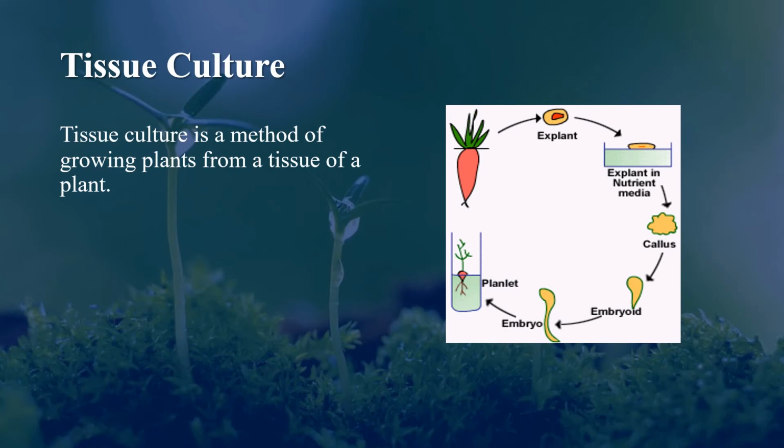Then this tissue grows into a mass of cells called callus, and then these cells eventually develop shoots, and these shoots are kept in individual nutrient medium in which they grow into new plantlets. And when these plantlets mature, they are transferred to moist soil for further growth. Plants like orchids, asparagus are grown by this method.